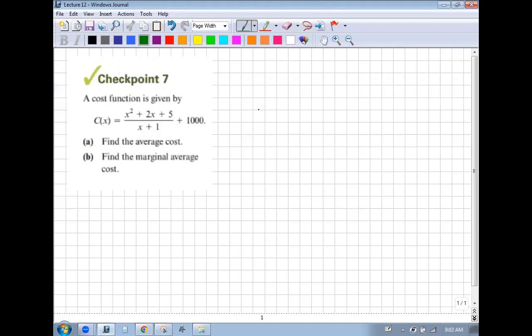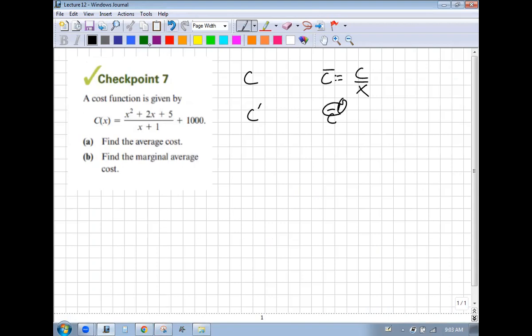So here we have a cost function. You remember you have the cost function, you have the average cost function, okay? You have marginal, right? When you see the word marginal, you think prime, and then the marginal average, right?